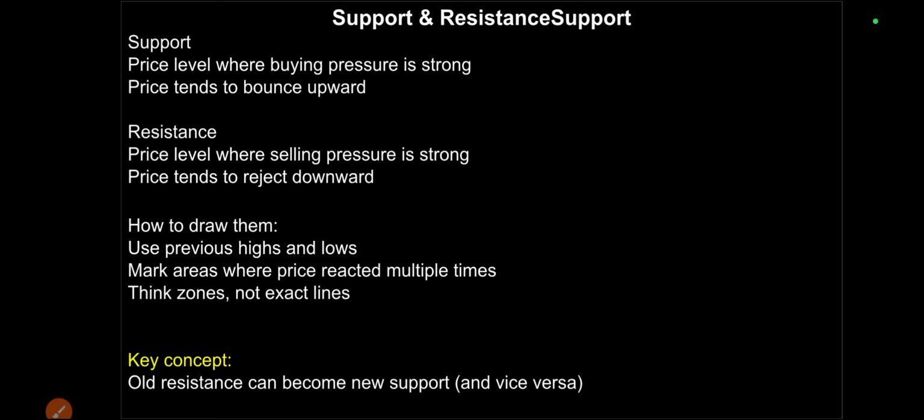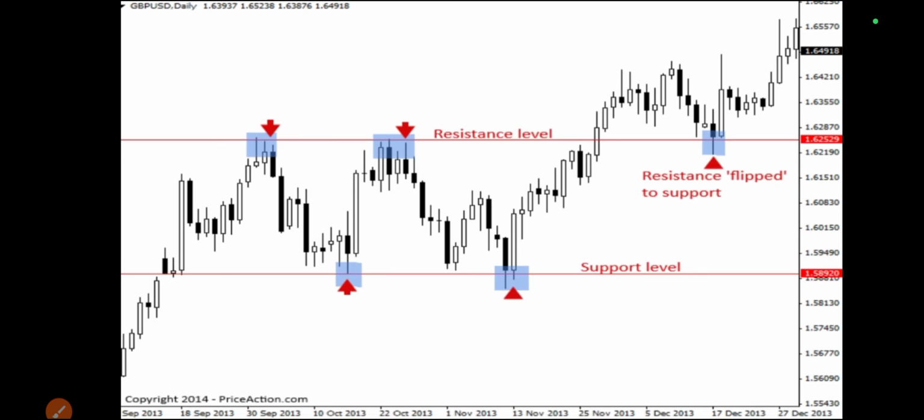So let me show you from the diagram. As you can see, the upper line up, we have the resistance level and we have the support level. So you can see what the market did. To identify your support, you need to have multiple rejection at the downside.